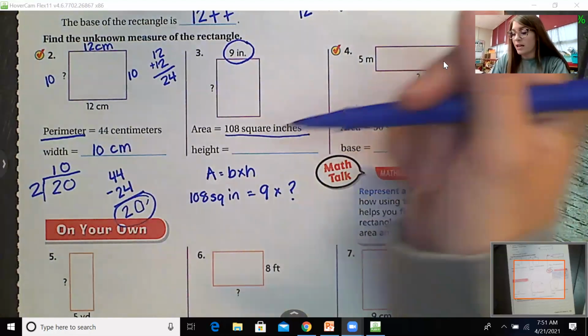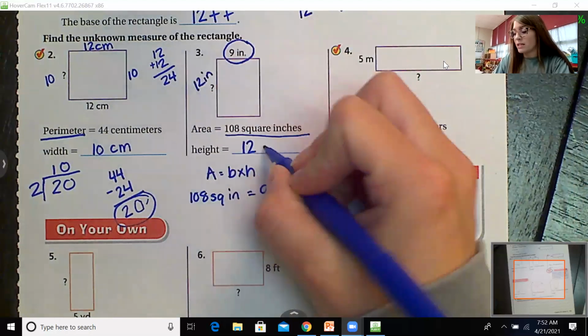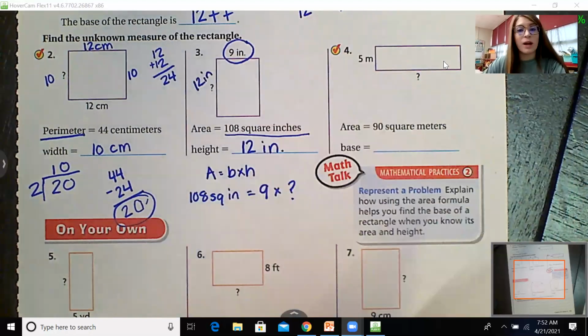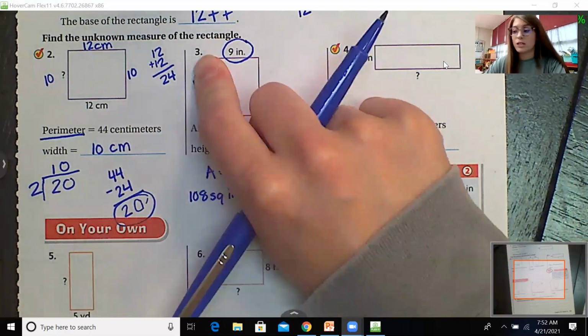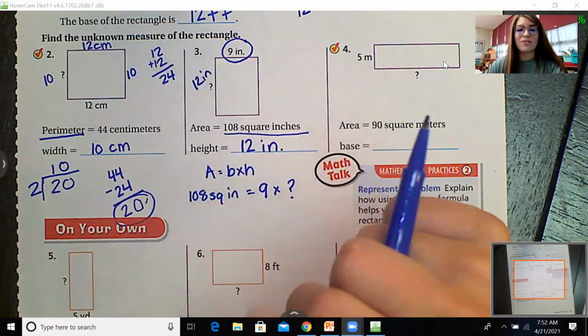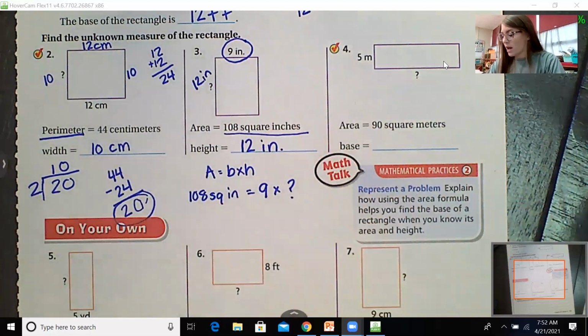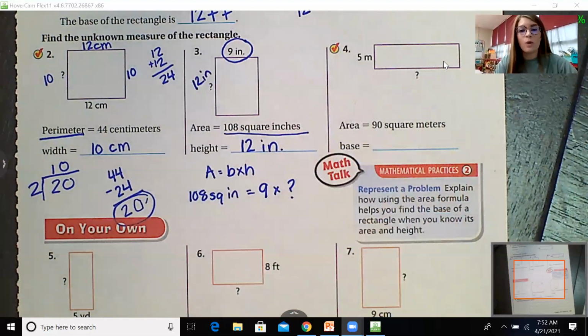Very good. 9 times 12 is 108. So the height of this rectangle is 12 inches. 9 times 12 will give us this 108 square inches. Very good.